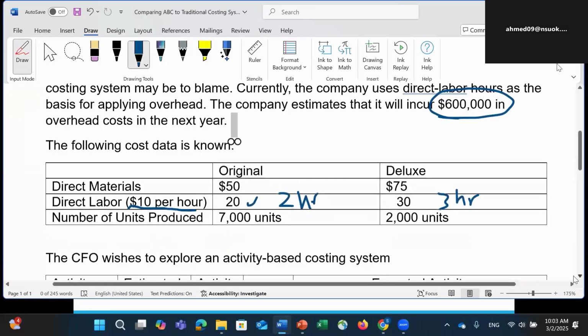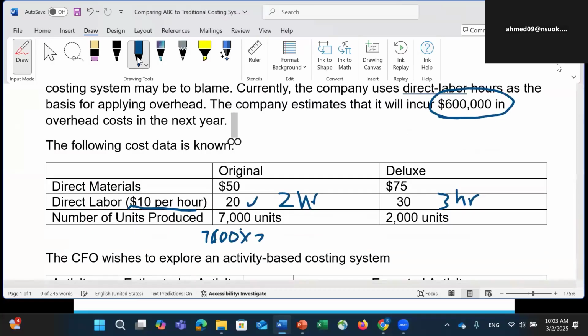The way we get the labor hours: 7,000 units, multiplied by the 2 hours, gives me 14,000 hours. And then 2,000 times 3 hours gives me 6,000.